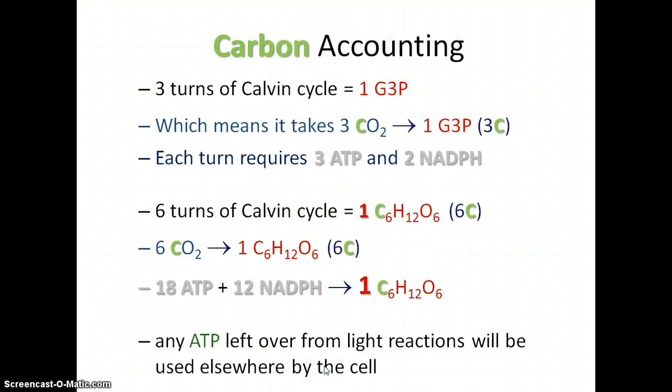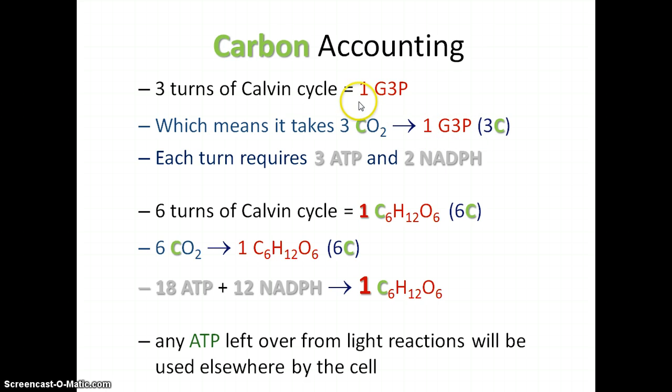So keeping track of the carbon, our carbon accounting here, 3 turns of the Calvin cycle is going to produce 1 G3P molecule, which means we're going to be taking 3 carbon dioxides to produce that 1 G3P.